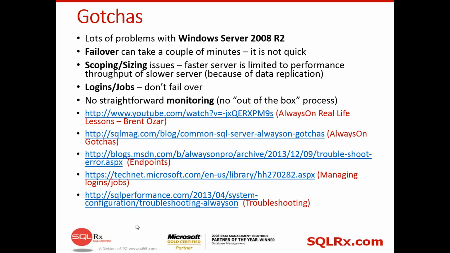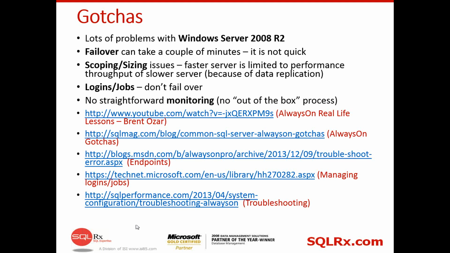Scoping and sizing issues. Remember when I said you have to have enough disk space and enough resources on your secondary replicas to handle the size of the database, their growth, and also the workload. That can really come back and bite you if you don't have sufficient resources to handle the load.